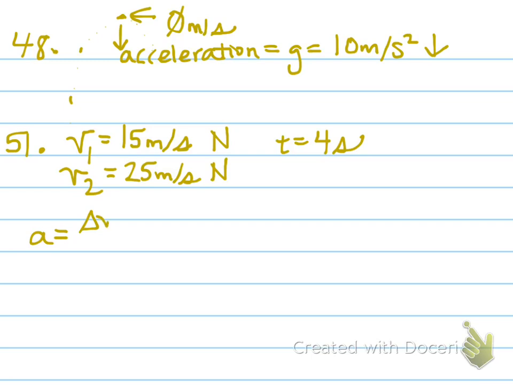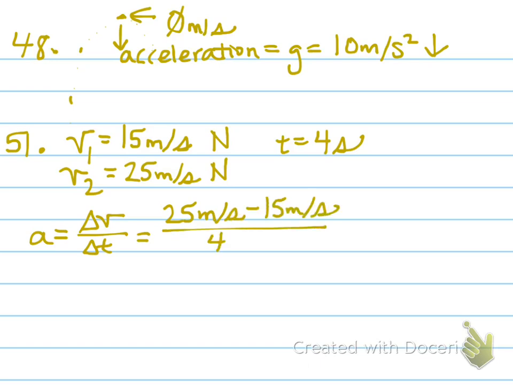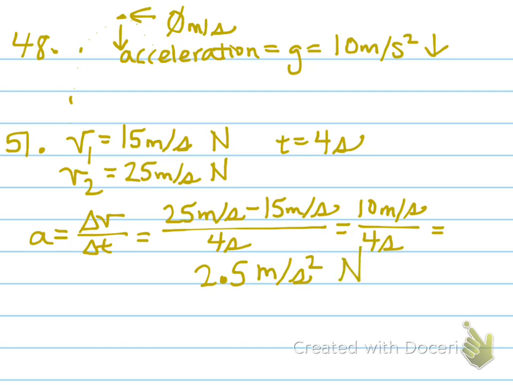Acceleration is our change in velocity over our change in time. So 25 meters per second minus 15 meters per second, divided by our 4 seconds. 25 minus 15 is 10 meters per second over our 4 seconds. So 10 divided by 4 is 2.5 meters per second squared, and acceleration should have a direction. I know it's north because both of my velocities are north.